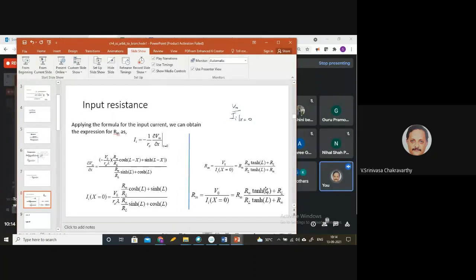How do you express it in terms of this formula? This formula is a general formula for an arbitrary loading resistance. I'm saying this is more general than the previous two, so you should be able to derive the previous two from this. How do you do that?